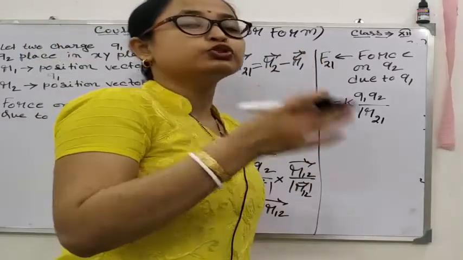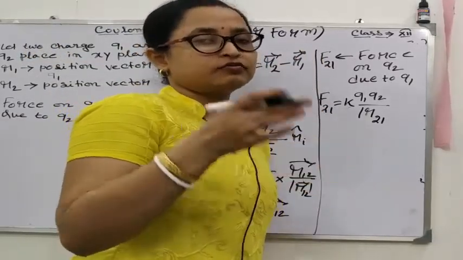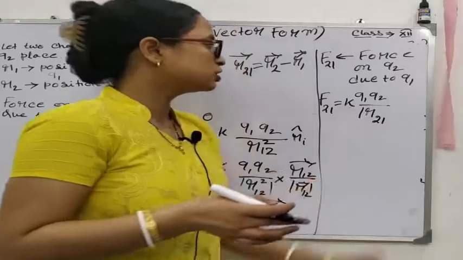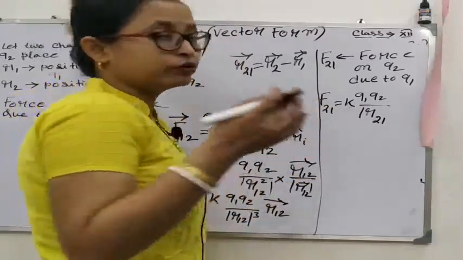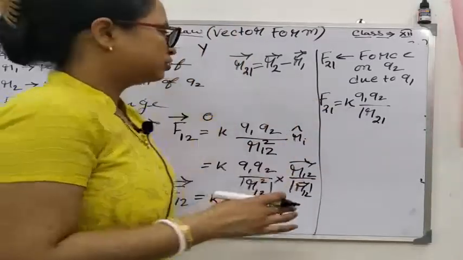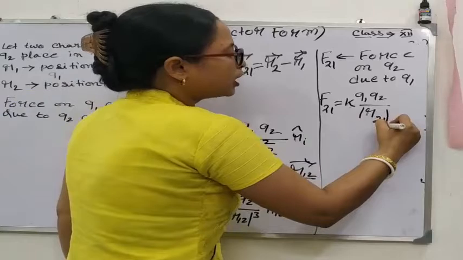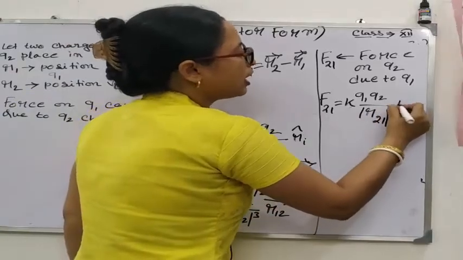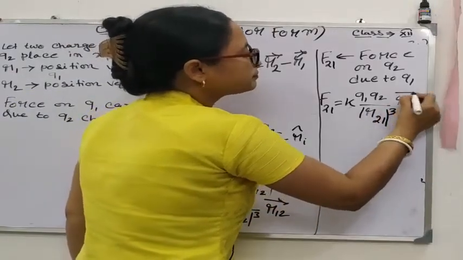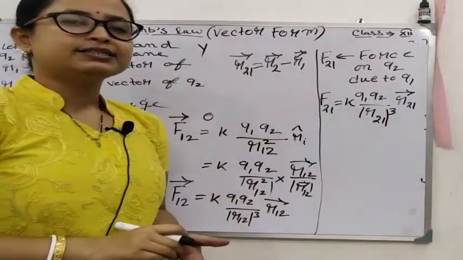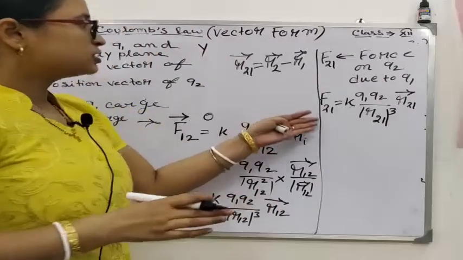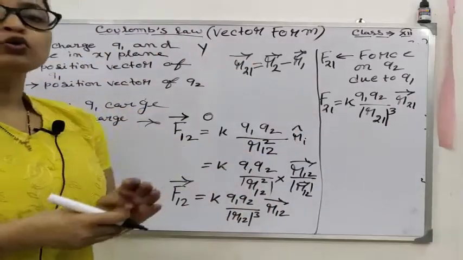I suggest you check your previous class, 11th class vector portion, then it will be easier for you. If you forgot or if you remember, then no problem. Then it will be R21 cube, R21 vector, like this. Clear? So this is the vector form of Coulomb's law.